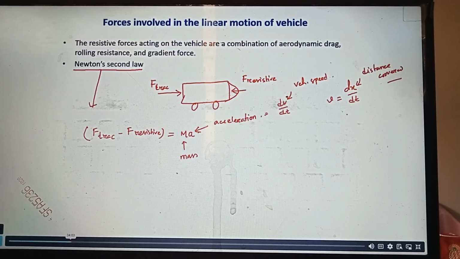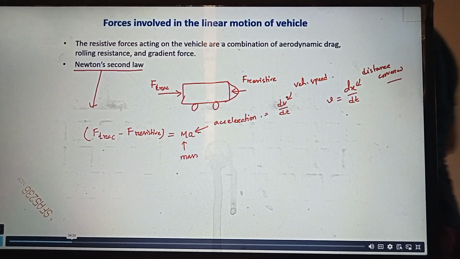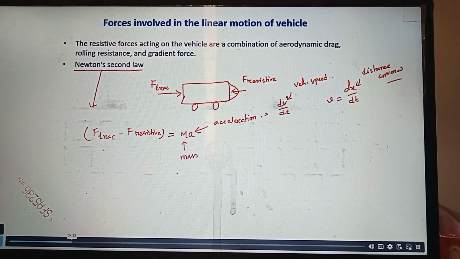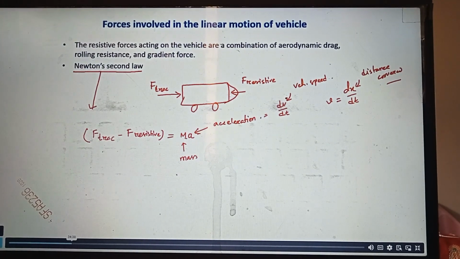Again, these are very class 11, 12 physics. So vehicle speed is dx/dt, the rate of change of position or distance covered with time, that is your velocity, and dv/dt is the rate of change of speed or velocity. For simplicity, I'm considering both of them the same now. Rate of change of speed is acceleration. Okay, so Newton's second law says F tractive minus F resistive is mass into acceleration.